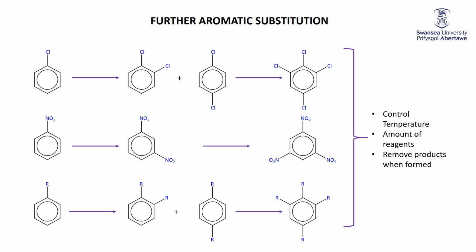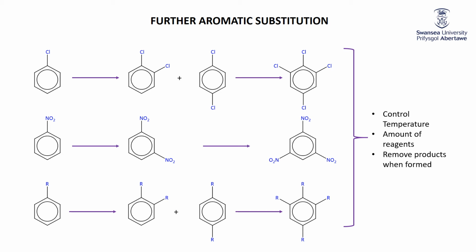So for example, if you have an excess of the benzene and not as much of the other species, then a secondary chlorine, for example, is much more likely to find an unsubstituted benzene than it is to find a substituted benzene. And then you can also remove the products when they're formed in some way or other. So as soon as you've got one chlorine group on, you remove the chlorobenzene before it can react further.